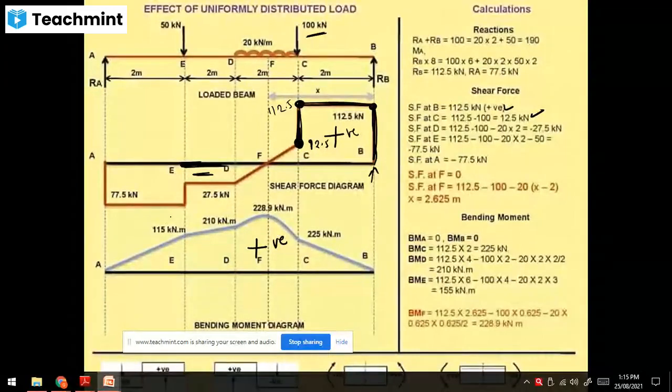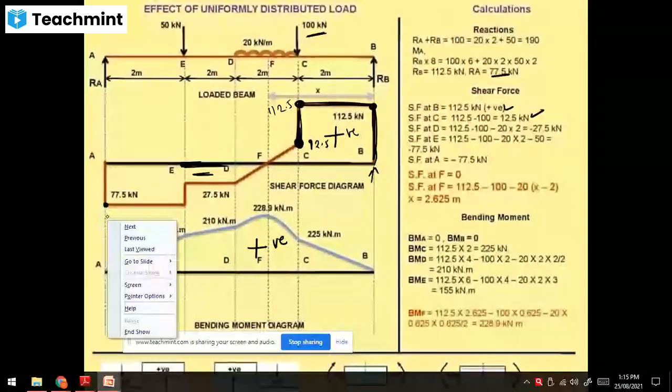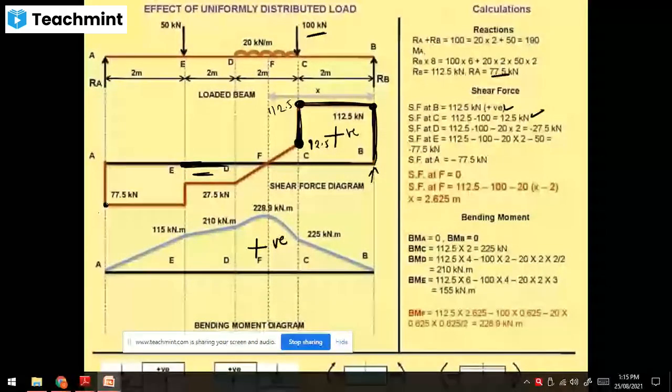Then if I am going from the right side, RA is 77.5, so there is a negative reaction, I think. Okay, that is up. So this is your 77.5.